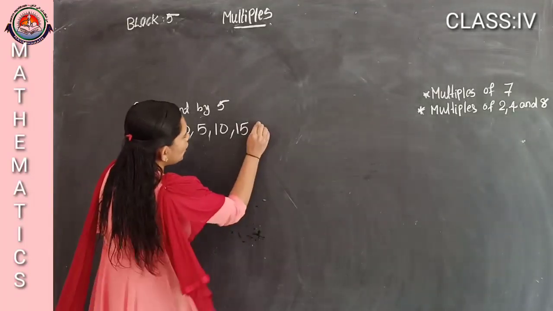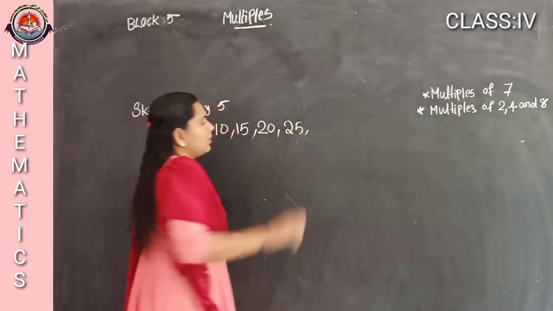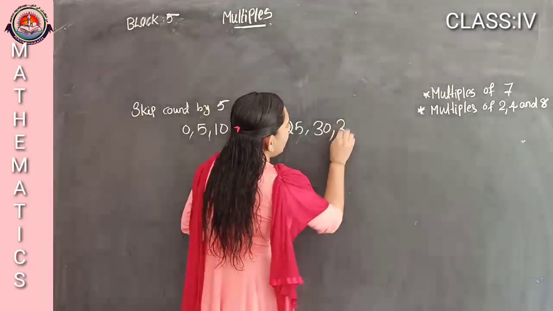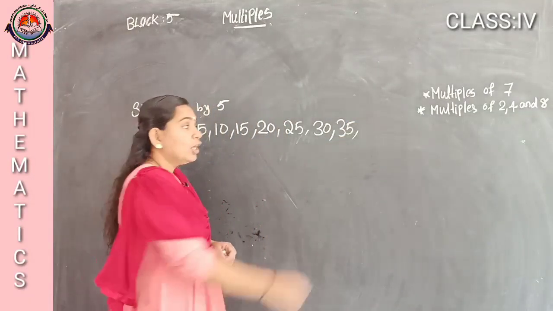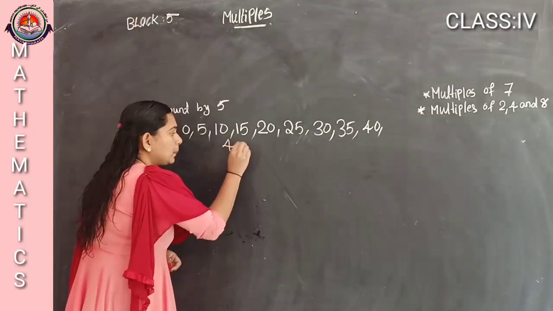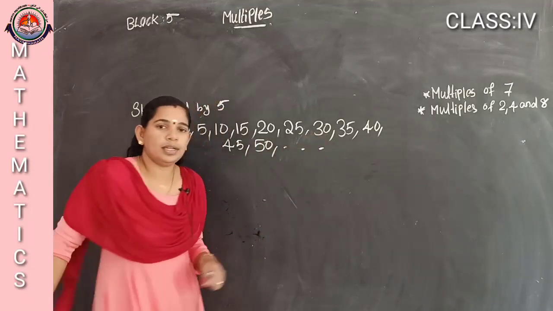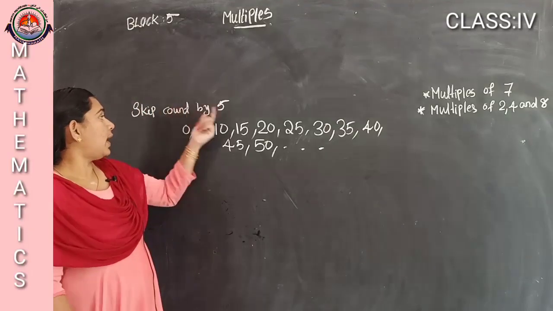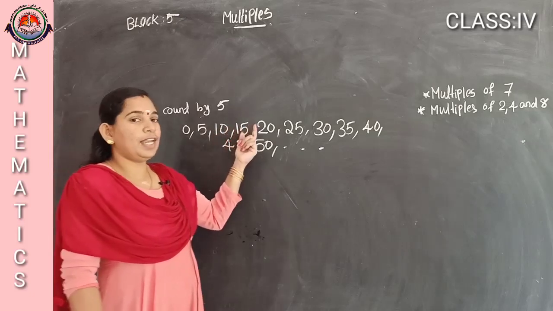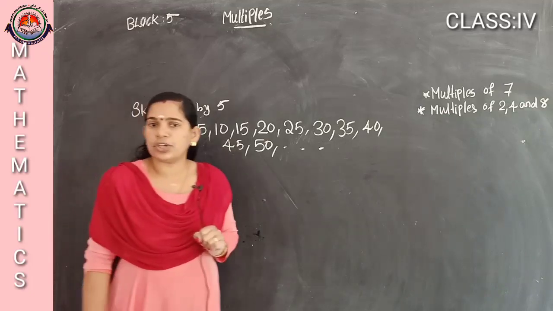Then 20. Next, 25. Then 30. Then 35. 40. 45. 50, etc. Skip count by 5, starting from 0: 0, 5, 10, 15, 20, 25, 30, 35, 40, 45, 50, etc.